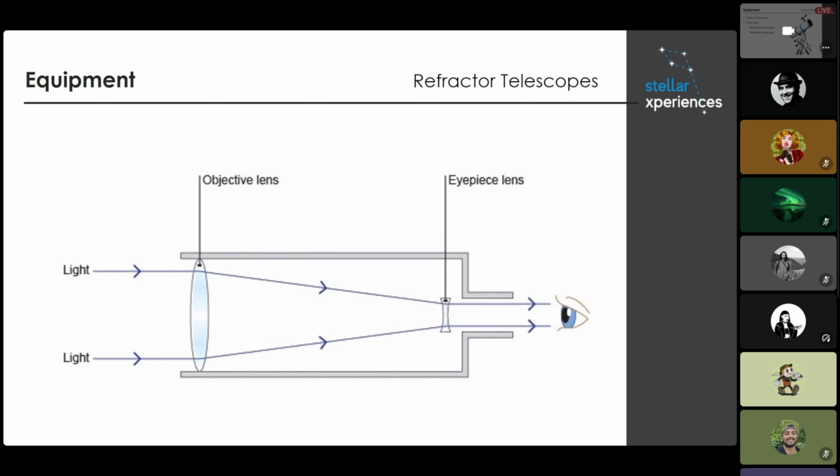And let's have a look at the refractor telescope anatomy. So, like I said, there is a glass here, and light comes from the front, and it is gathered by the objective lens, and by using another lens called the eyepiece lens, you can either reflect this vision to your eye or a camera.